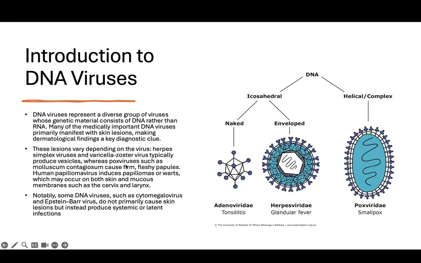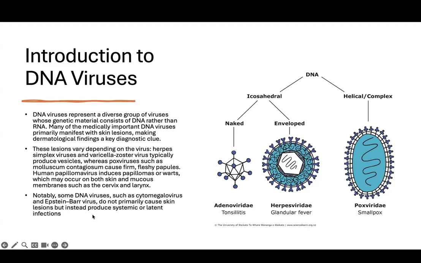But when we get pox viruses, for example, molluscum contagiosum, we get these fleshy papules, which I'll show you some pictures of. Again, skin lesions. Of course, we know papillomaviruses are also among these DNA viruses, which I'll be talking about. These can cause papillomas or warts, very fleshy, almost looking like small little cactuses on our fingers. They look very disgusting, and we'll definitely talk about them.